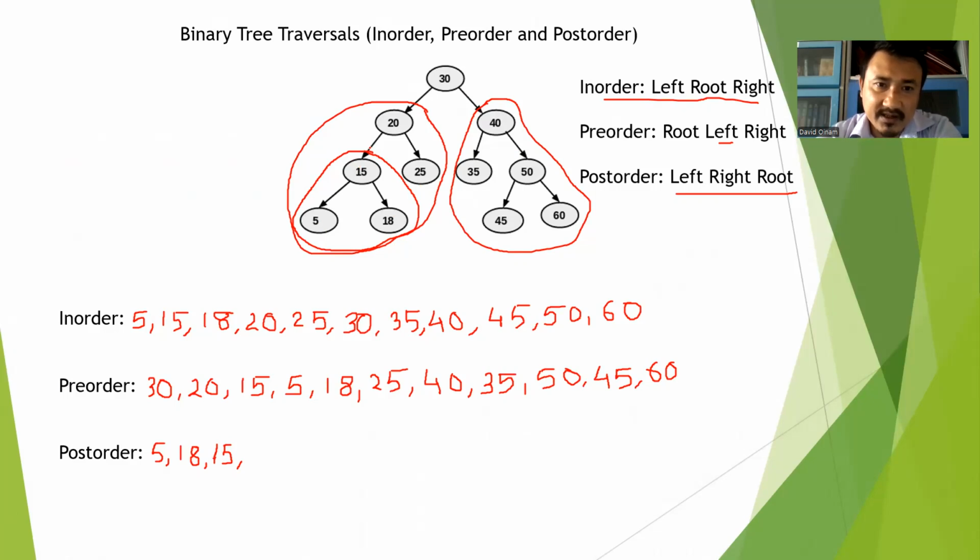So from here, we have to backtrack to the node 20. For this node 20, the left side is fully traversed. So you have to move from the left to the right. Right is 25 here. You have to write 25 here.